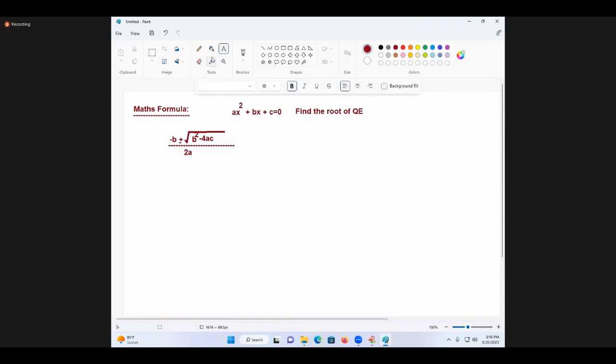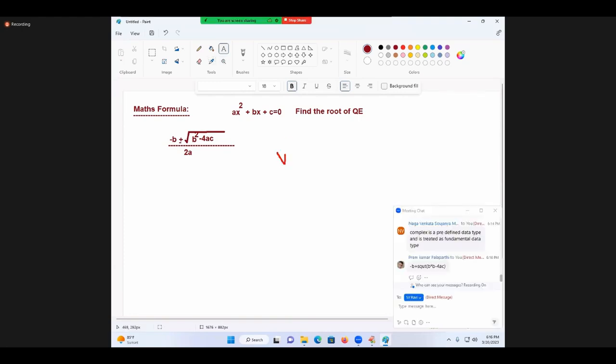This square root of b square minus 4ac, whatever part is inside it, is called the discriminant.